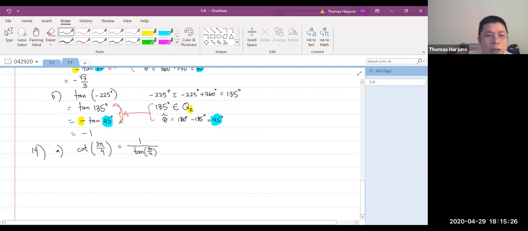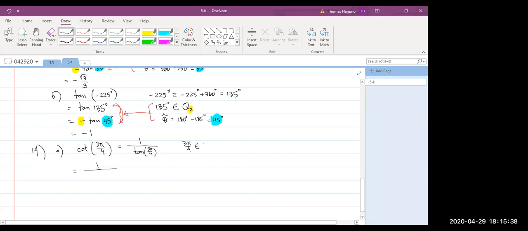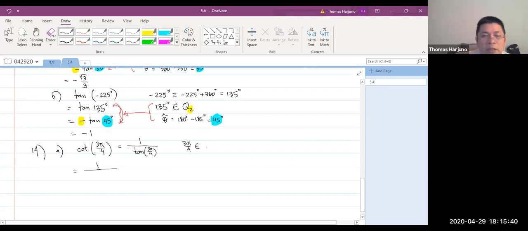Okay, at least I can go that far. That will be 1 over... 3 pi over 4 is in which quadrant? Second quadrant. It's less than pi, but more than pi over 2, right? And the reference angle is?